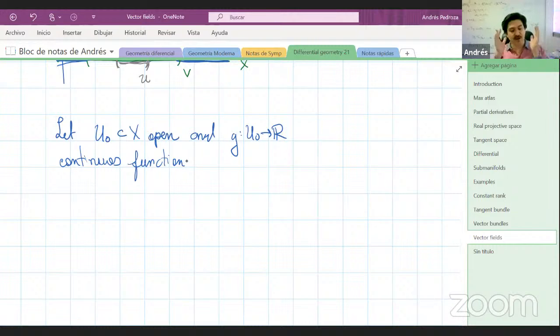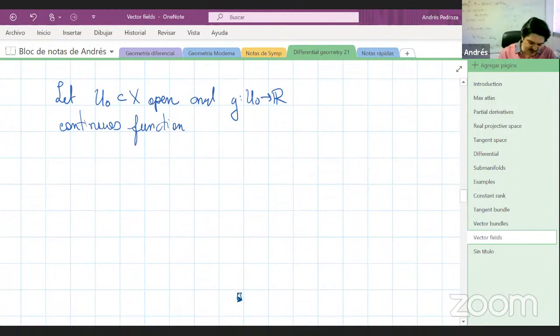So G is defined on an open set, but for some reason you require to have a global object. So you would like to extend it by a continuous function, and you will try that it equals G on U naught, right?